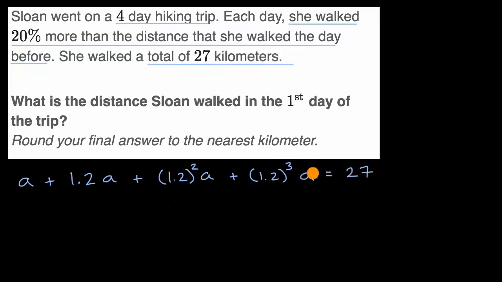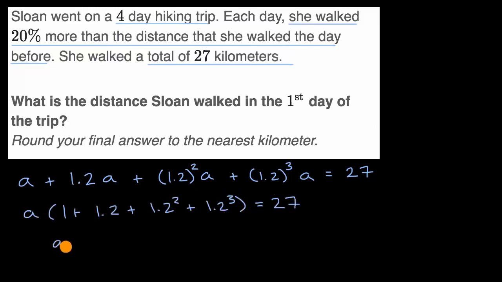Now, you could solve for A over here. You could factor out the A, and you could say A times 1 plus 1.2 plus 1.2 squared plus 1.2 to the third power is equal to 27. And then you could say that A is equal to 27 over 1 plus 1.2 plus 1.2 squared plus 1.2 to the third power.